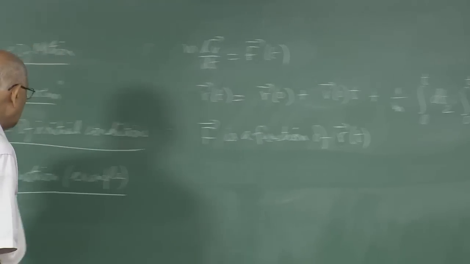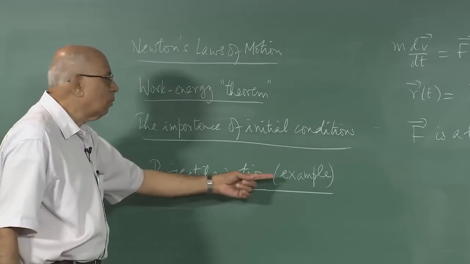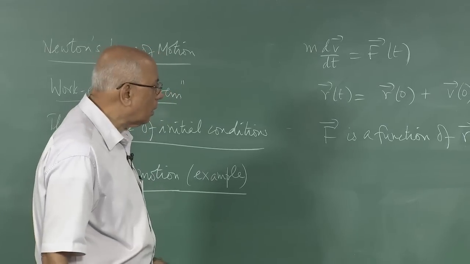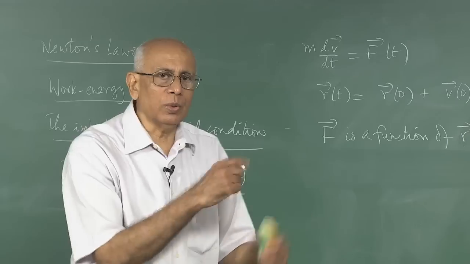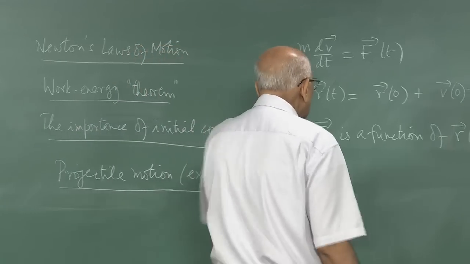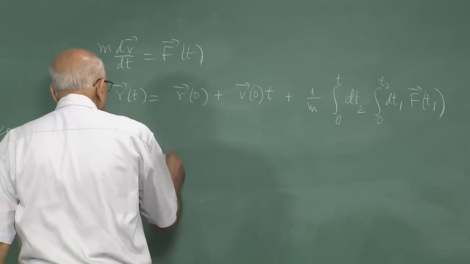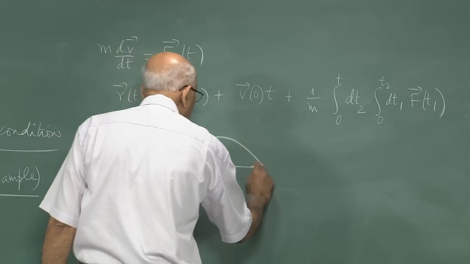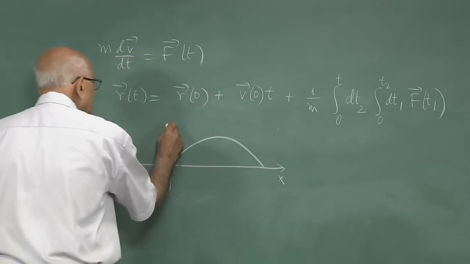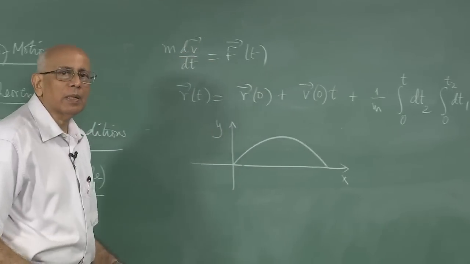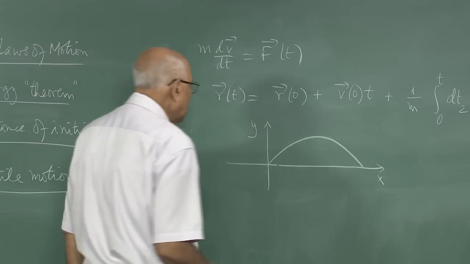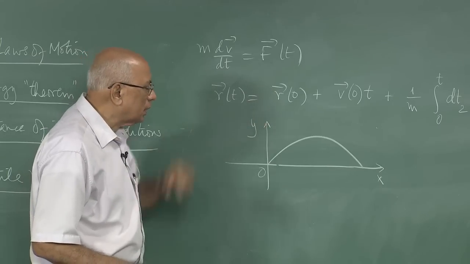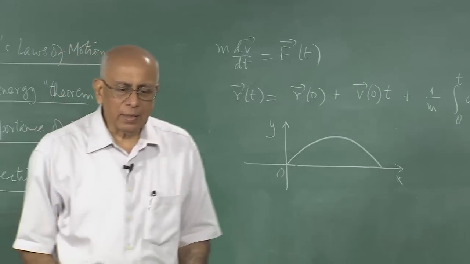And now let me give you an example of a case where it does work, namely projectile motion. This is a classic example which you have already studied in some other context in a simpler notation, but we are trying to do this in the context of vector notation. So here we are. The problem is that if you take a particle and you project it at some angle to the horizontal and call this x and the vertical coordinate y, and the particle is under the action of gravity at every instant of time, then we are able to write down, if you project from the origin for example, r of 0 would be 0, one can write down what r of t is at any instant of time.